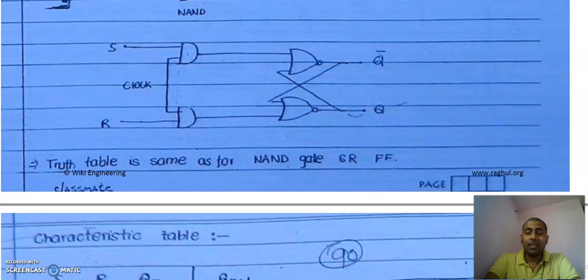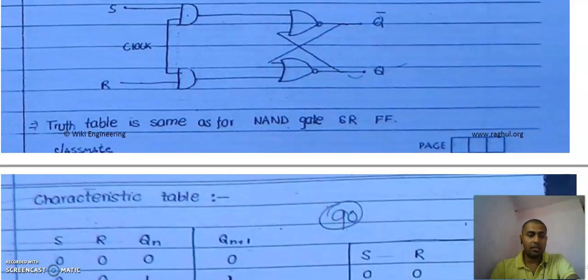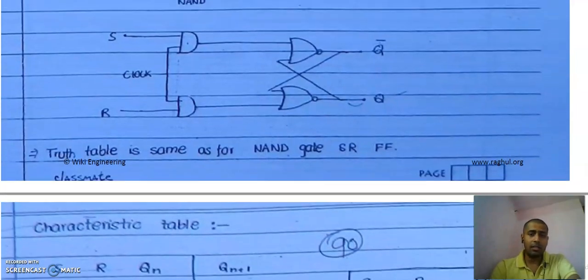If SR is 0 0, we will get the previous state. If SR is 0 1, it is the reset state, that is 0. If 1 0, that is the set state, and we will get output 1. If 1 1, this is the invalid state. So we have finished the circuit diagram and the truth table. Now we see the next section.